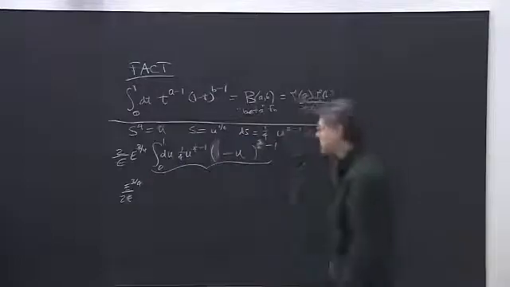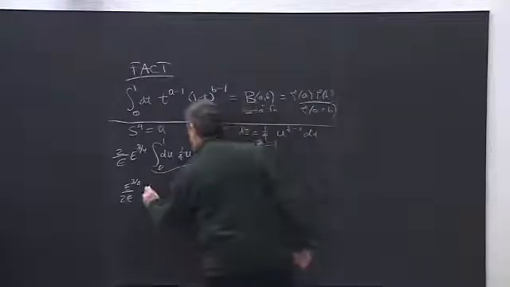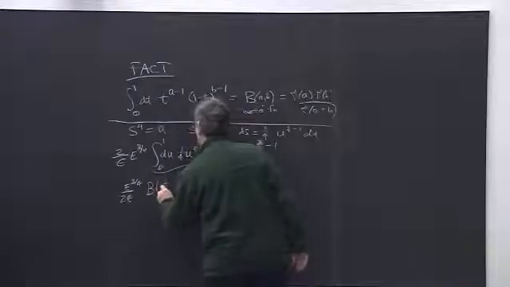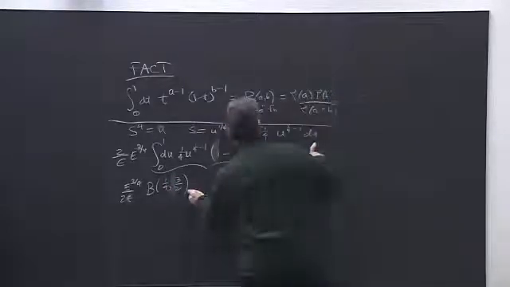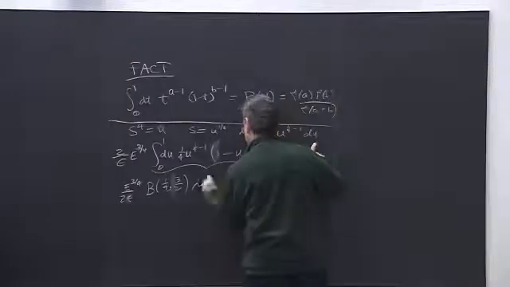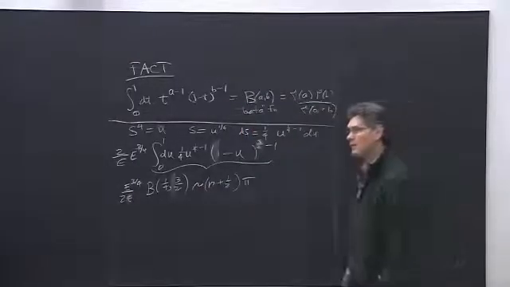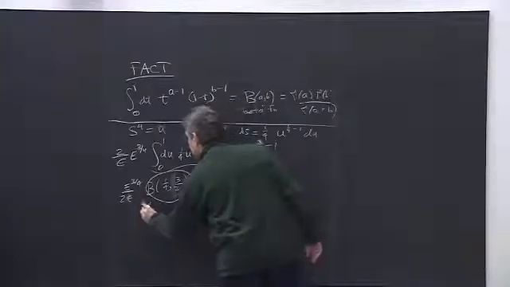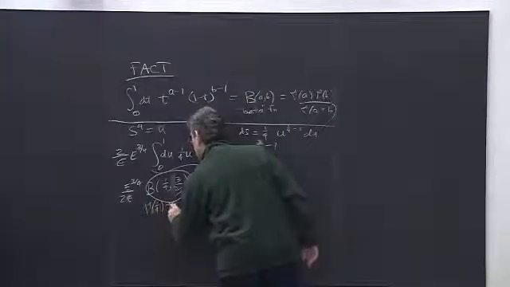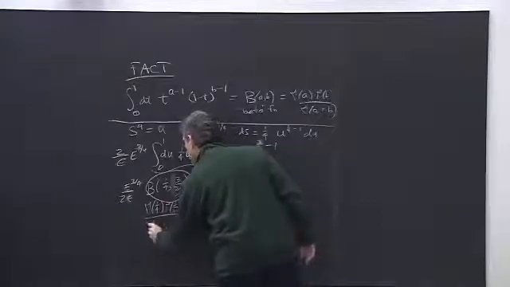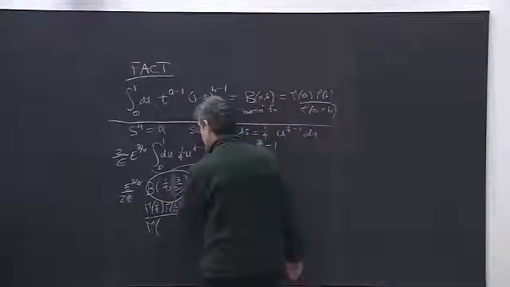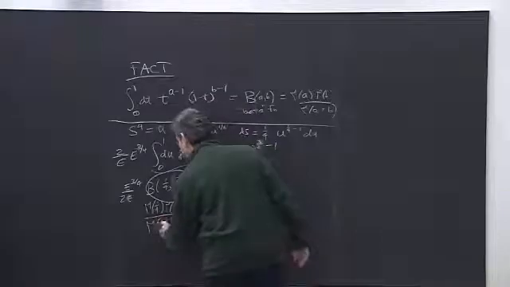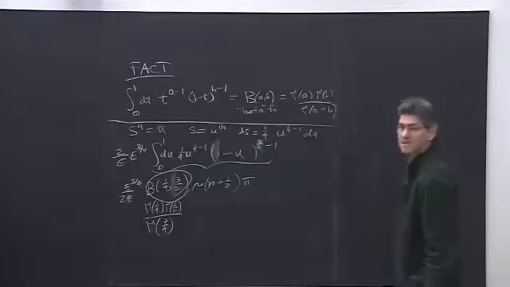But this integral, that's the key problem. This is just beta of 1/4, comma 3/2. And that is equal to n plus 1/2 pi. And we just got done saying that this is gamma of 1/4 times gamma of 3/2 over gamma of 1/4 plus 3/2, which is 6 quarters plus 1 quarter, 7 quarters.